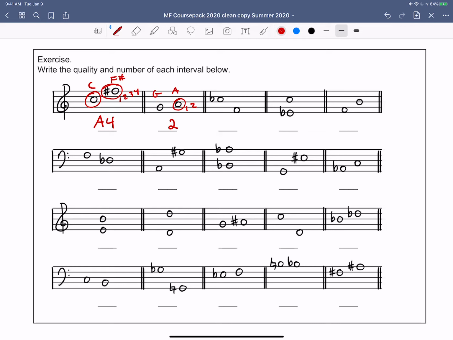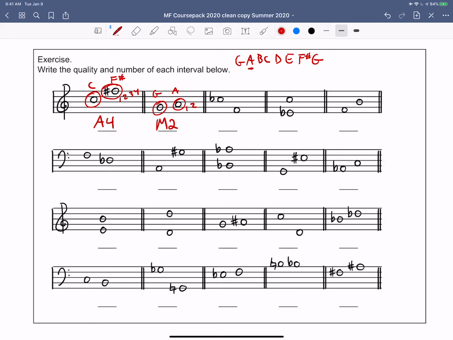Does A belong to the G major scale? G major has one sharp in it, right? So if you wrote out your G major scale, it would have all white notes except for an F sharp. So G, A, B, C, D, E, F sharp, and G. Is there an A in the scale? Does A belong? Yeah, of course it does. It's right there. So since it belongs, and since it's a second, it is a major second.